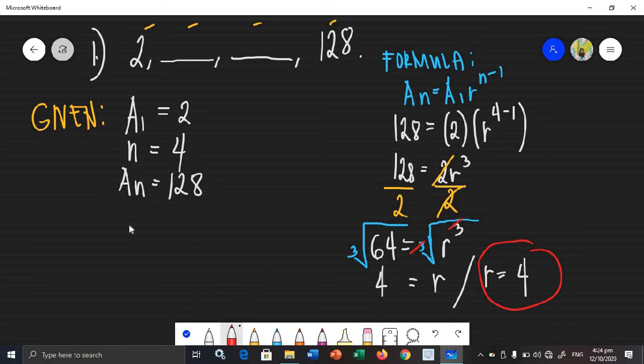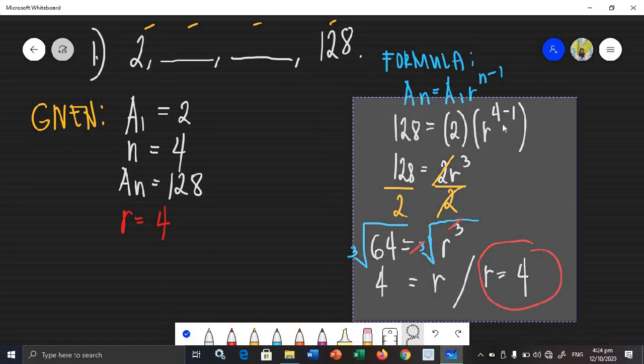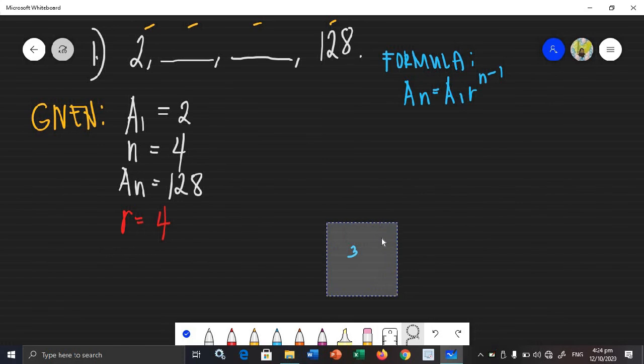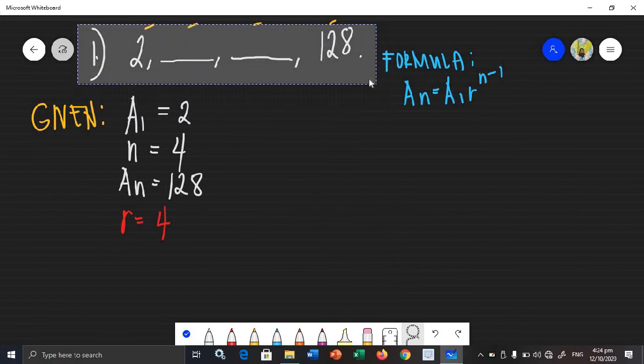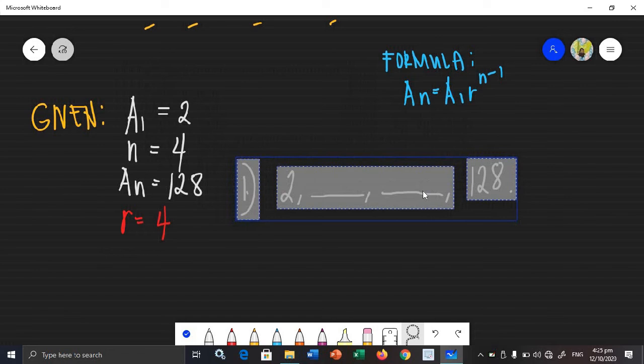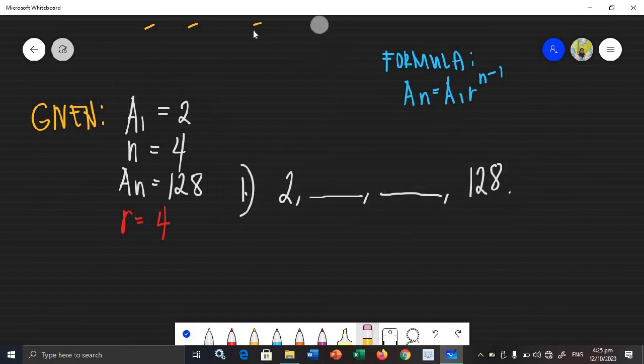So, now that we have our common ratio, we can now solve for the geometric means. Paano po natin kukunin yun, ma'am? We will multiply the first term. I'm going to move the given. Kaya ito yung given, di ba? Ayan. Para makuha natin tong term na nawawala dito, yung r natin is 4, di ba?